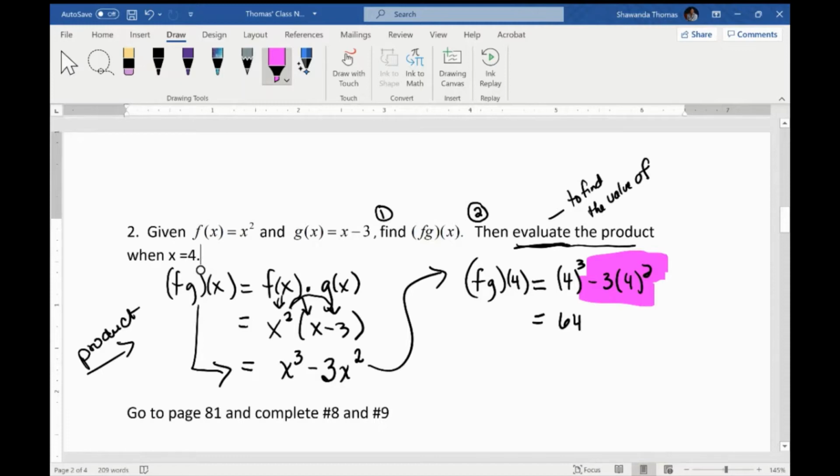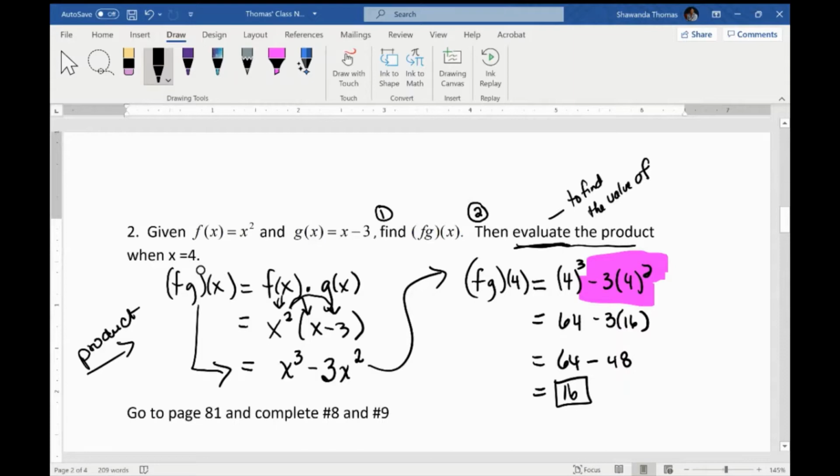So work the 4 squared first to get what? 16. All right, so minus 3 times 16. So 64 minus 3 times 16 is 48. 48. And then 64 minus 48, 16. 16. Very nice.